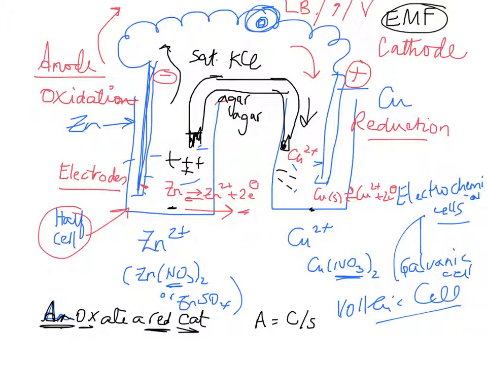So what happens is that the negative charges, if you used Cl-, are going to come in from the U-tube, and they're going to neutralize the positive charge. Likewise, the potassium is going to migrate into your beaker on the right hand side, and it's going to nullify the negative charge that you have built up at the cathode. And so in other words, it completes the circuit, allowing the electrical current to flow.